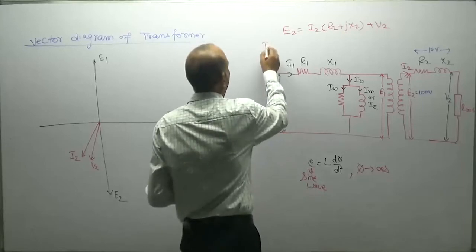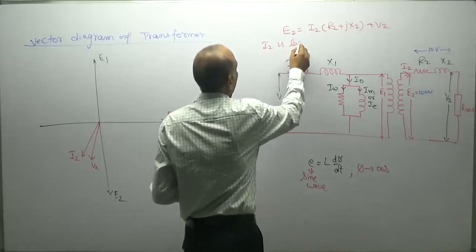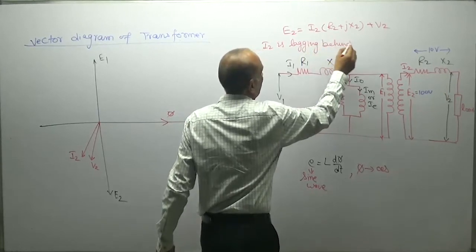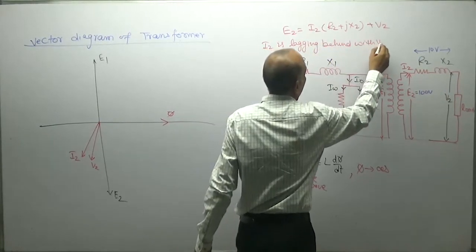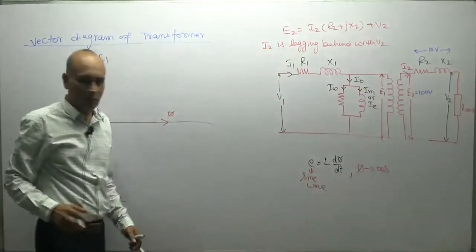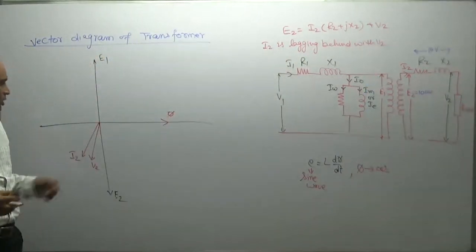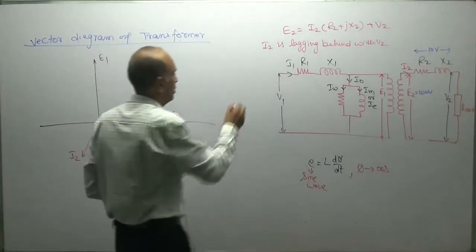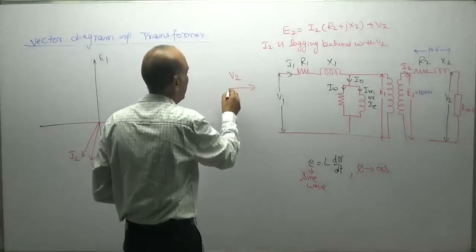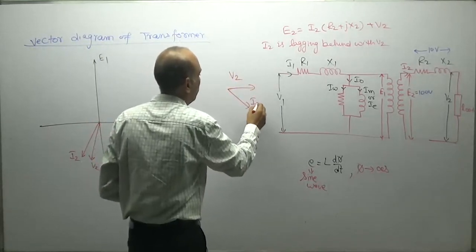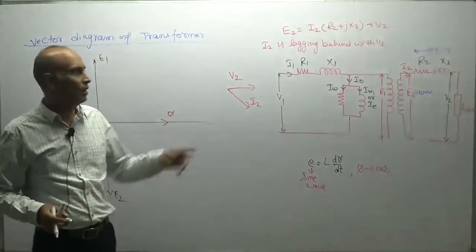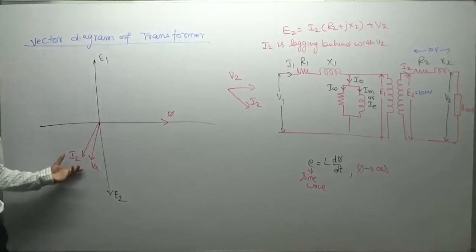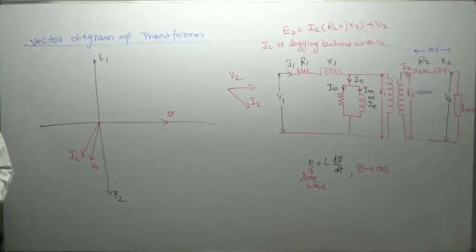So I2 is lagging behind V2. Okay. You can see I2 is lagging behind V2. Got the point? Suppose it is the vector of V2 and it is the vector of I2. So in this diagram, I2 is lagging behind V2. Same is the situation here.